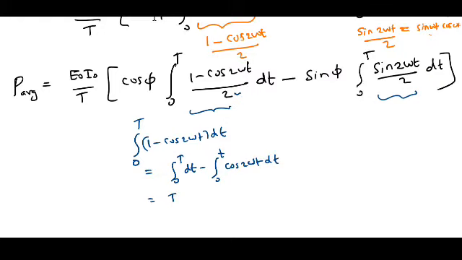This is nothing but T, and the integral of cos 2 omega t is sin 2 omega t. Sorry, this integration limit should be capital T, sin 2 omega t by 2 omega, and if you apply the limit, this will be T.